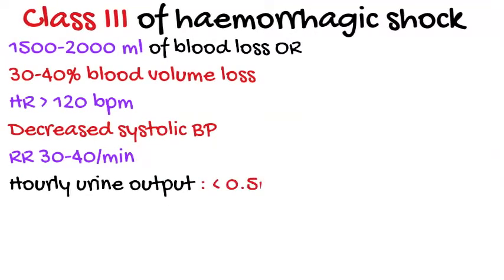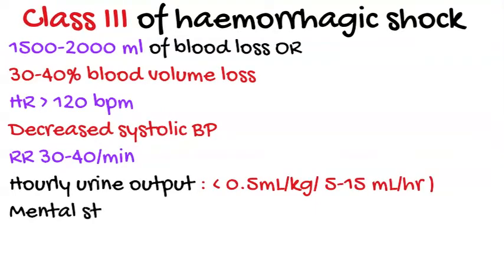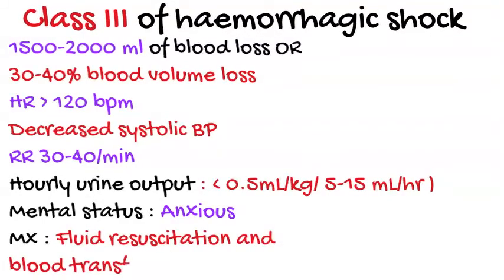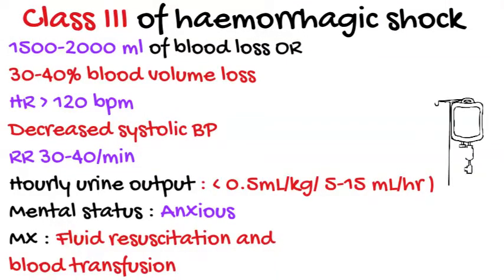The respiratory rate is about 30 to 40 per minute, with hourly urine output less than 0.5 ml per kg, or 5 to 15 ml per hour. The mental status of the patient is such that you will see him becoming more anxious. In this type 3 class of hemorrhagic shock, the management includes fluid resuscitation and blood transfusion.